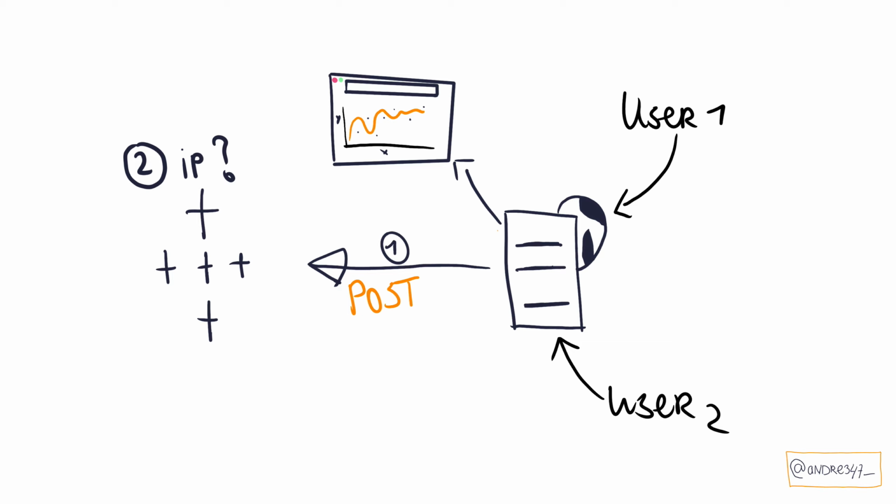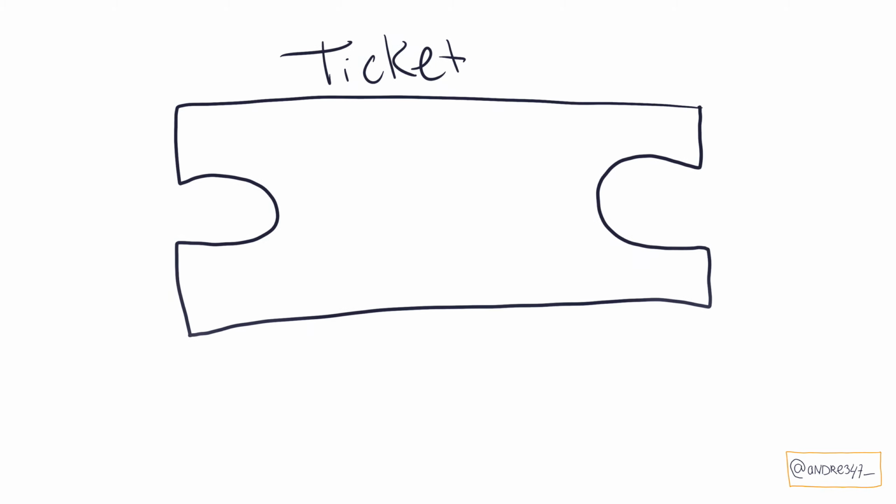Now, this can be trusted or not trusted, but imagine we trust the IP address. What do we get back? We get back a ticket, also known as a token. But what is this ticket? This ticket is a long string containing characters, and it's valid for 3 minutes.